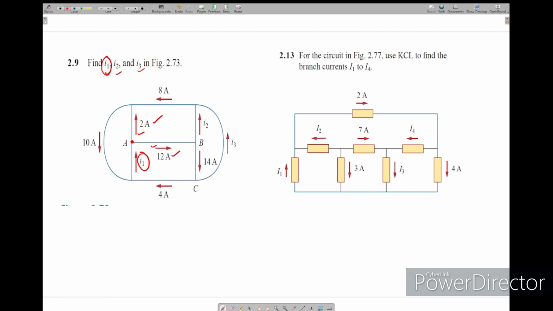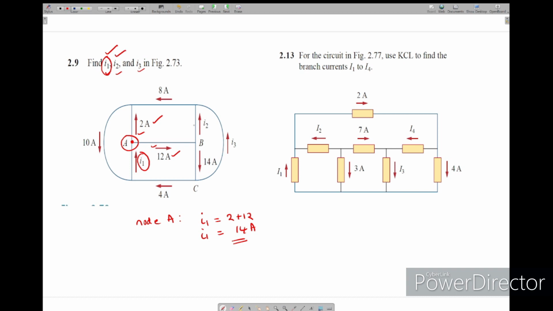So I will use KCL here at node A. I1 is entering, equal to 2 amps plus 12 amps leaving. So I1 equals 14 amps.